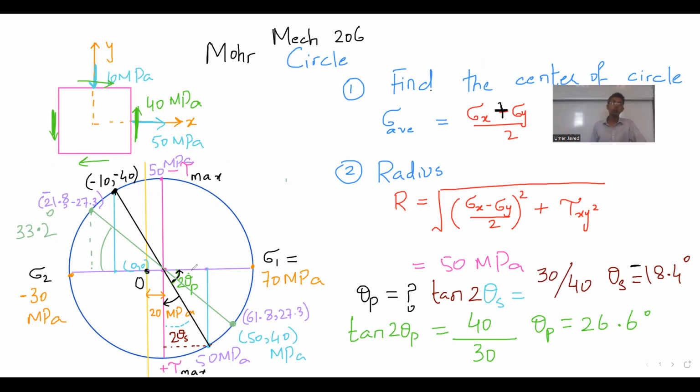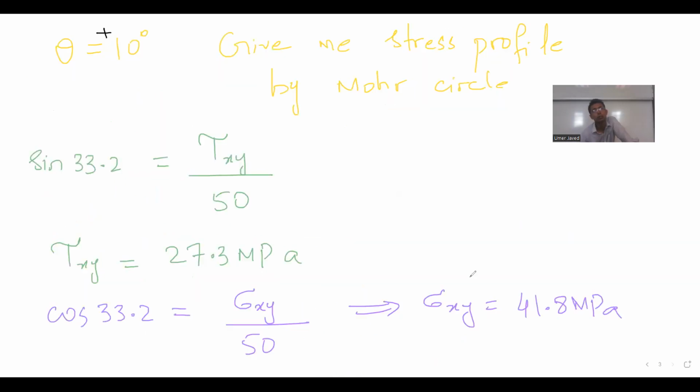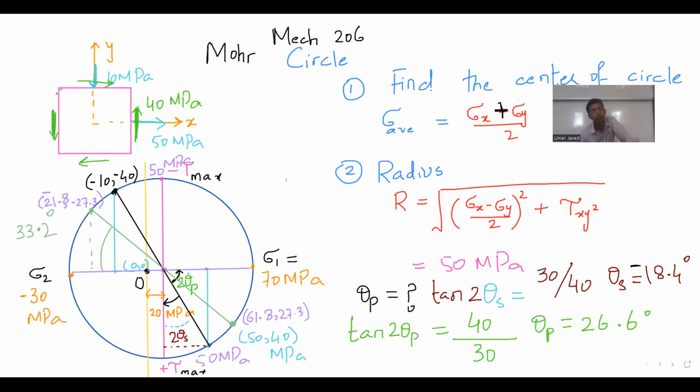Yes, absolutely. One more thing, everyone. Just remember, what was the question? The question was theta equal to positive 10 degree from the plane that was given to me. I rotated my plane by 10 degree.